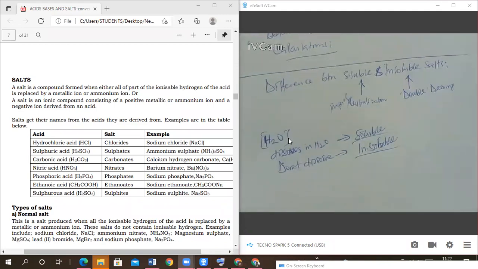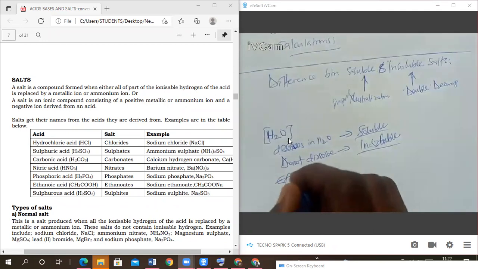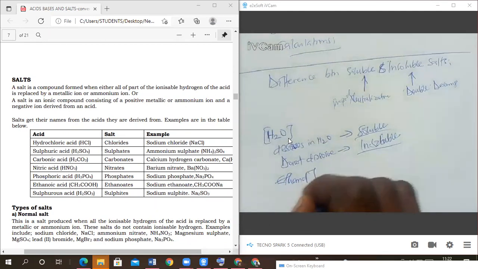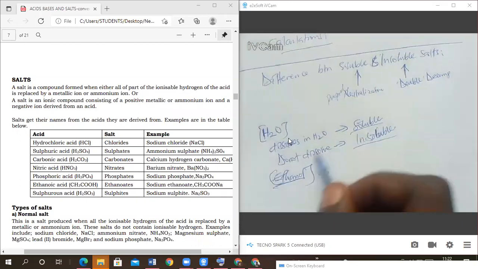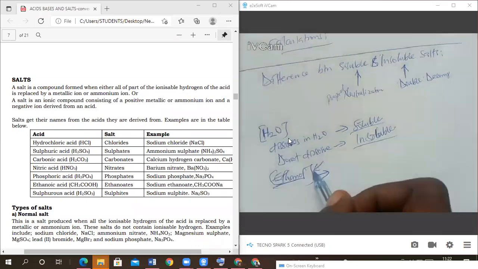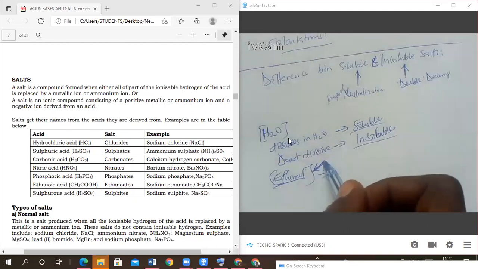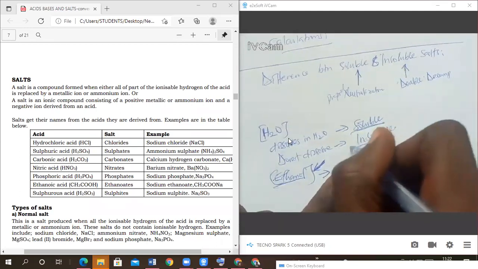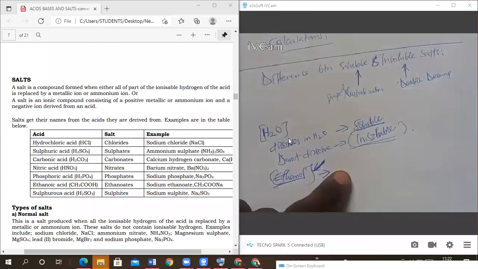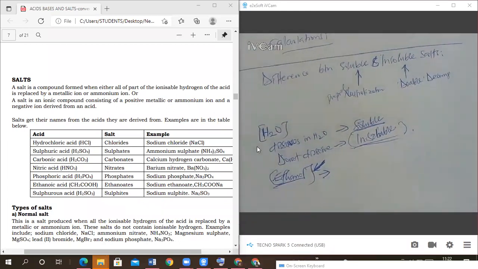So apart from water, you can use ethanol as your organic compound. If it dissolves in ethanol, then it has given us a soluble solution. If it doesn't, then it is insoluble. Is it clear?